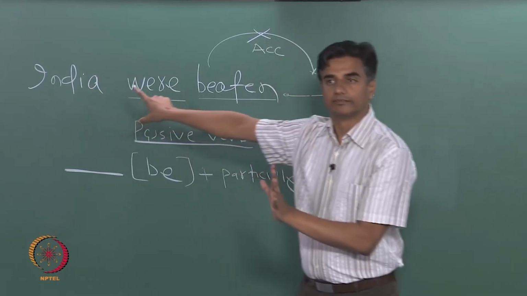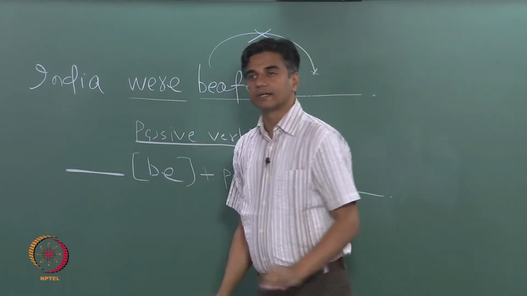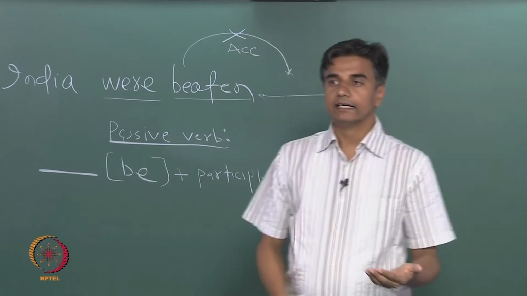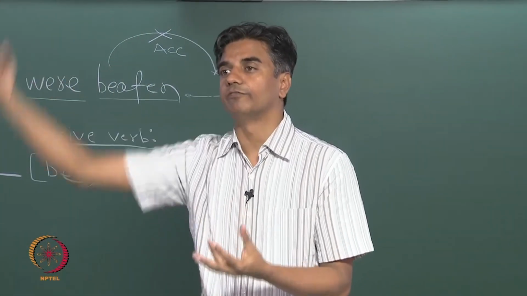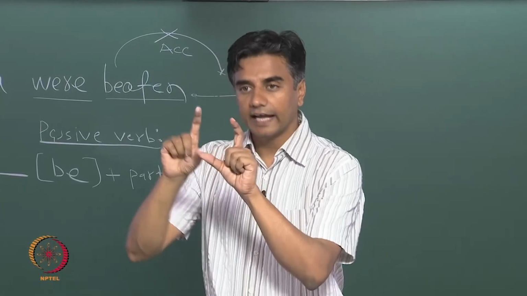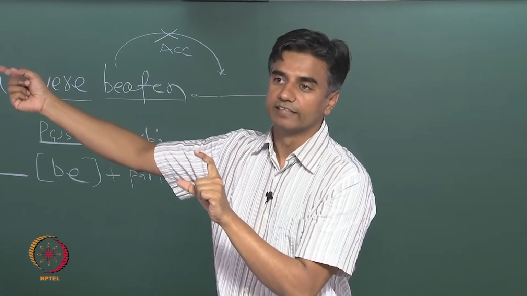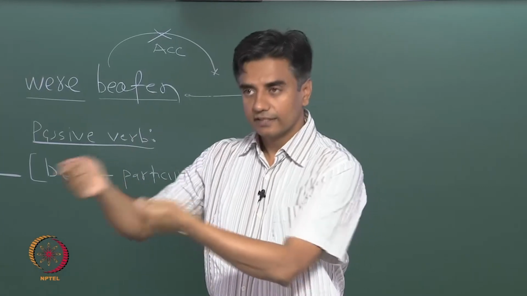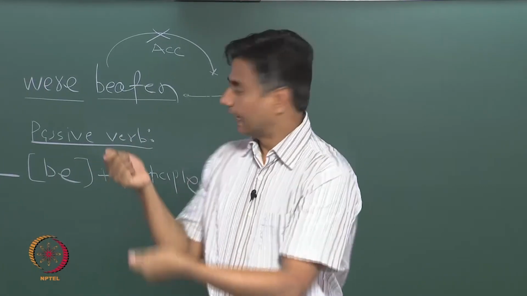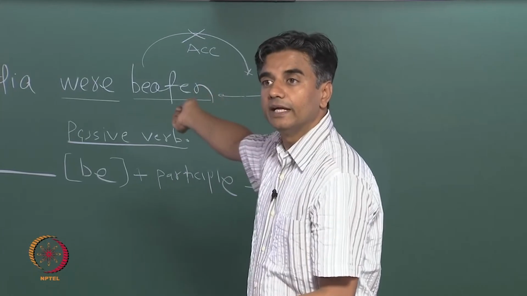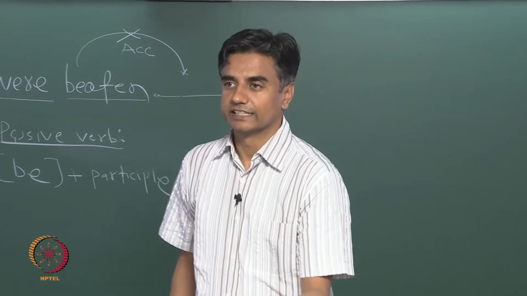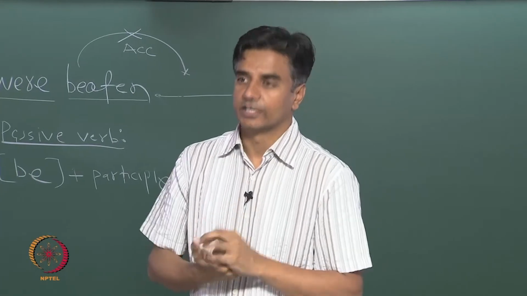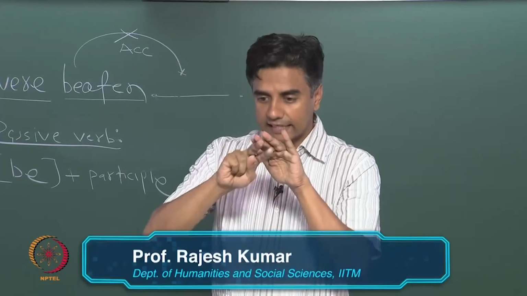So this is allowed there, and then it becomes the subject. What we mean by that is it receives nominative case through the INFL, through the head I. Therefore, it is called object becomes the subject, and then this NP is allowed under case filter, that now it is no more without case. There is a head to assign case to it. Therefore, the sentence becomes India were beaten by Sri Lanka.